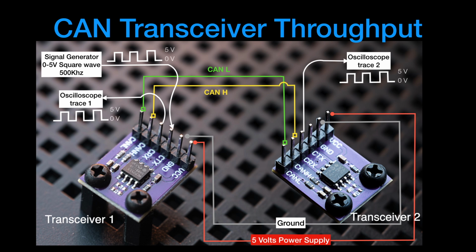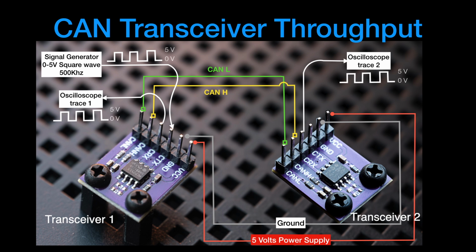I will connect an oscilloscope with trace 1 to the same transceiver 1, to the CRX. This is typically the receive side, the part which is communicating back to the microcontroller. Now, as I said before, the internal circuitry of these CAN bus drivers immediately loops back the transmit signal to the receive signal. So we should see exactly the same signal.